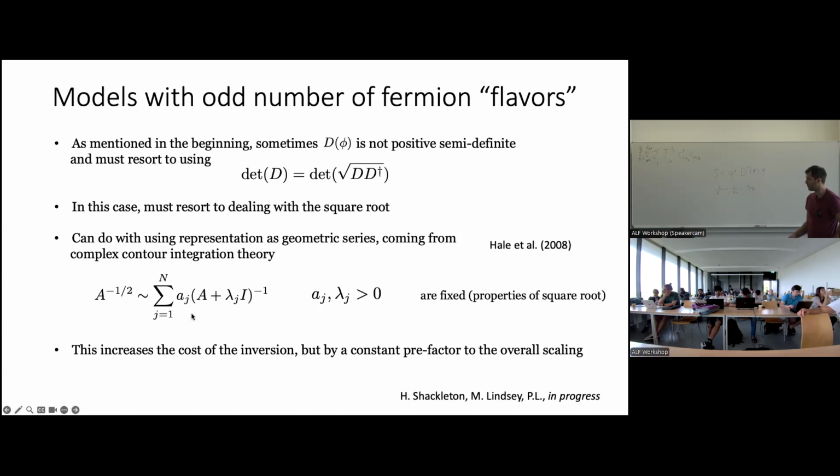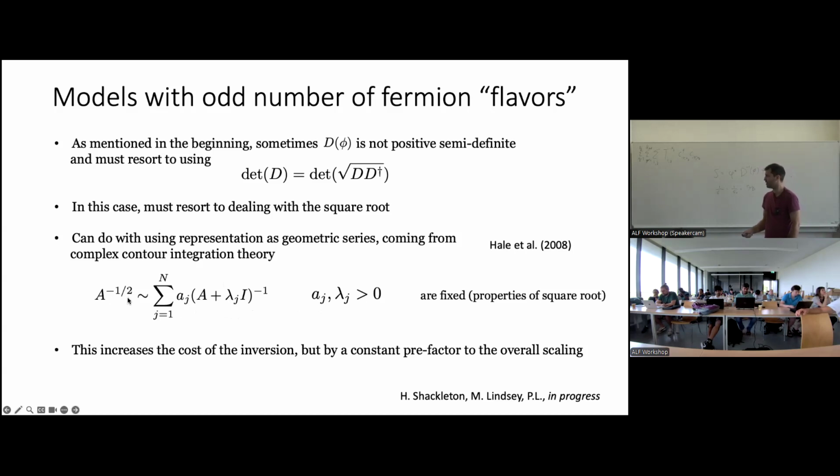For each term in the sum, you're inverting your matrix A plus some offset times the identity. These offsets are always positive, and furthermore, they are fixed for every power here.